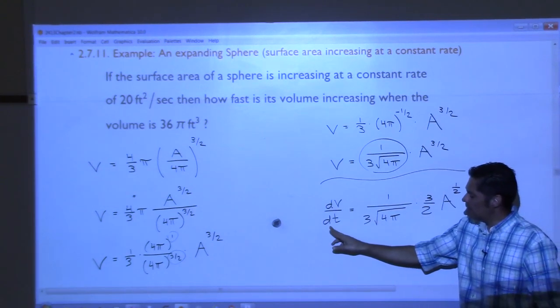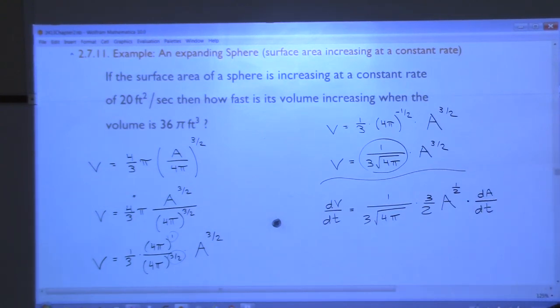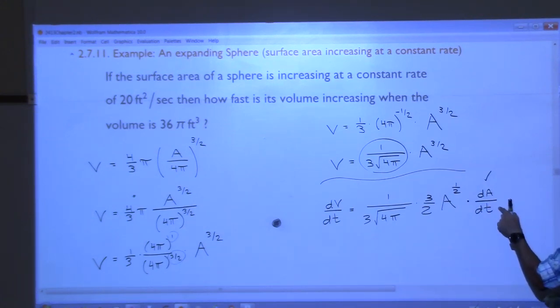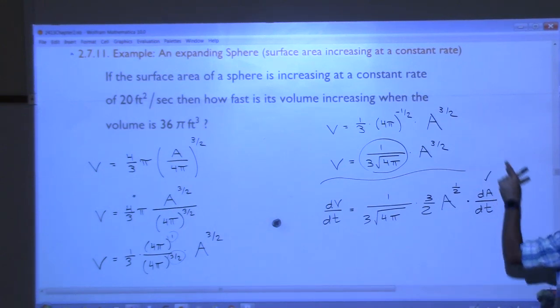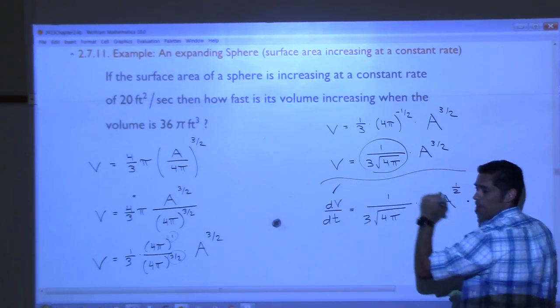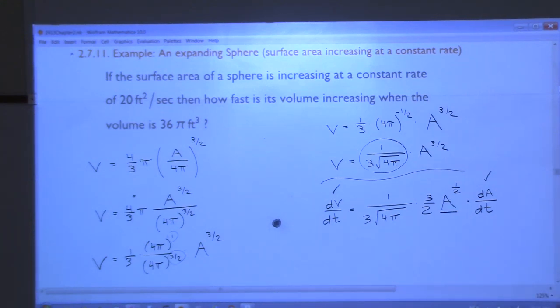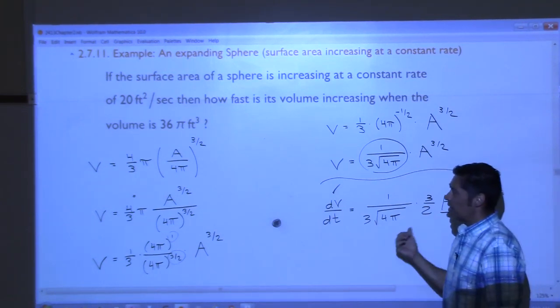I want dV/dt. The only thing I don't have, so let me put some little check marks. I'm happy to see that because that is what I'm given, right? Given that. I want this, so I'm happy to see that. The area is the only thing in the equation that I don't have right now, right? So can I get the area?